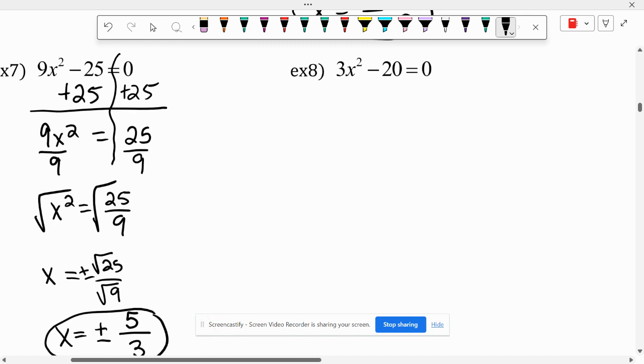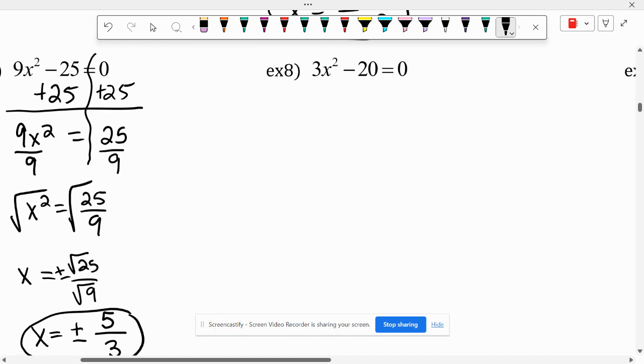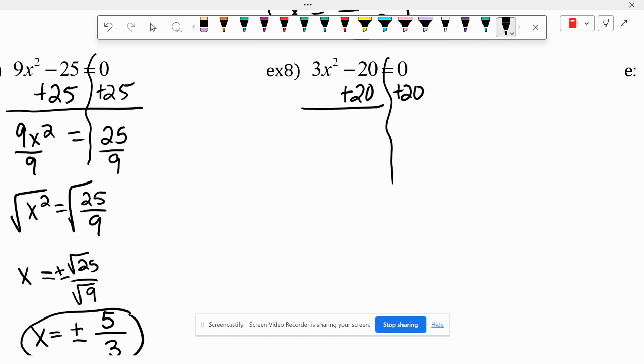Number 8. Someone other than Quali or Haley. Caleb, tell me what to do first. Add 20 to both sides. So 3x squared equals 20. 8 and t, what am I going to do next? Divide both sides by 3.